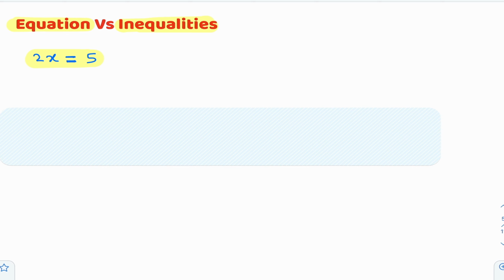So, generally in an equation, two quantities will be there. One is the left hand side, another one is the right hand side. If these two are related with the symbol equal, then this forms an equation. For example, x square plus 2x plus 5 equal to 3x.